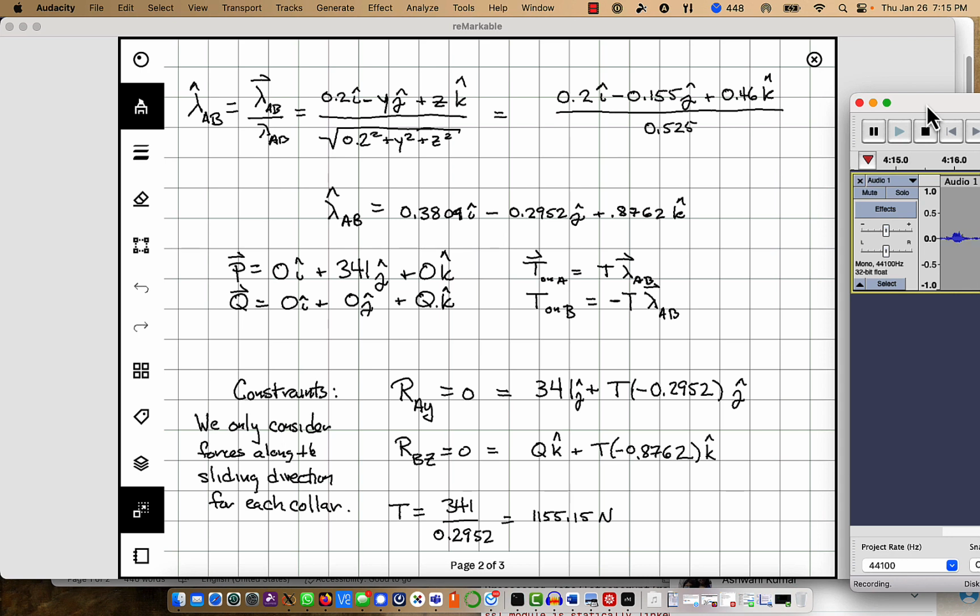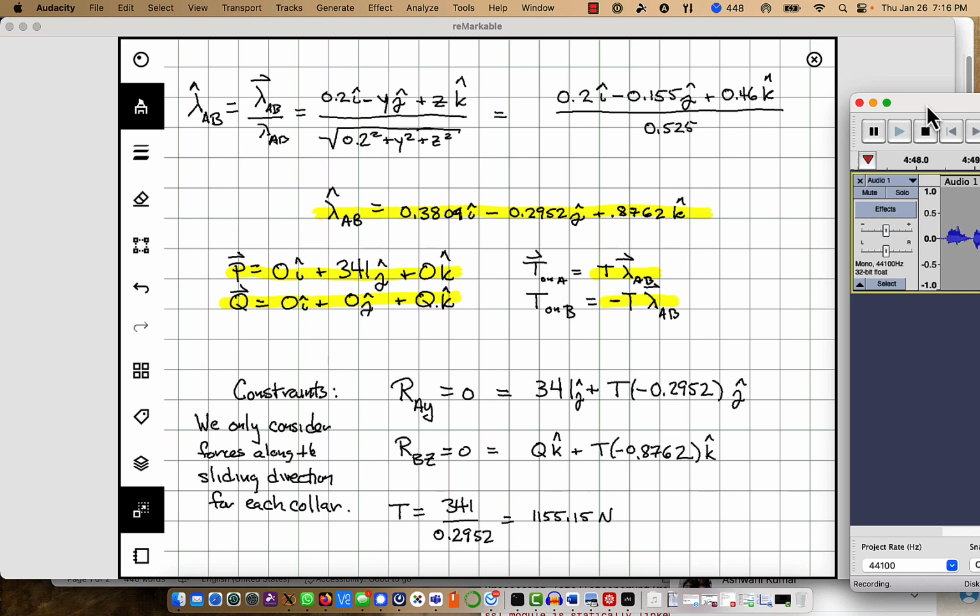Okay, so I'm going to fill in the lambda AB, and I just filled in all the numbers, and when I did that, I got this expression. Okay, so now I'm going to write the forces out again. The P force we wrote, that's on A, and the Q force is on B. And then we're going to write the force on A is T times lambda AB, and the force on B is minus that, right?